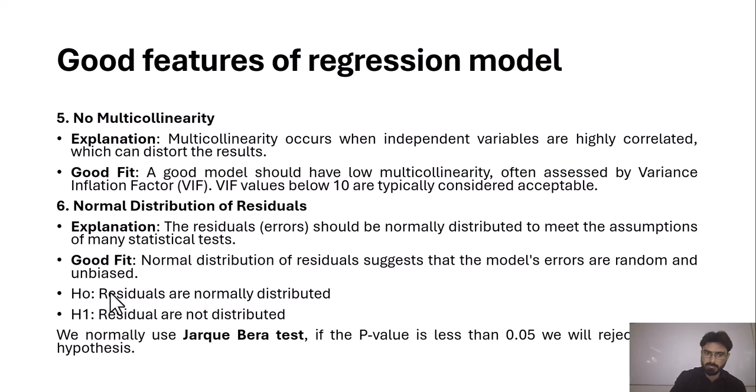The null hypothesis for this test is that residuals are normally distributed, and the alternative is that residuals are not normally distributed. So we use the p-value. If the p-value is less than 0.05, then we will reject our null hypothesis. It means that we have to accept the alternative hypothesis, which means that residuals are not normally distributed.